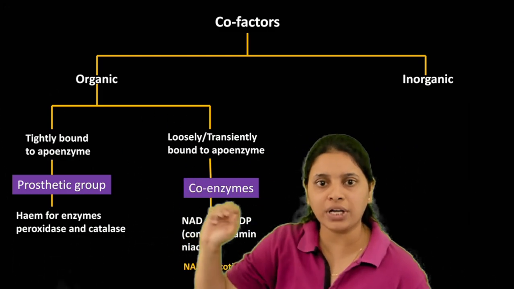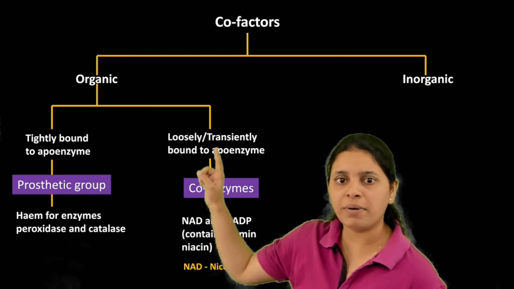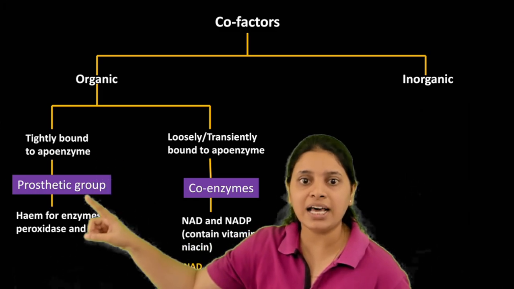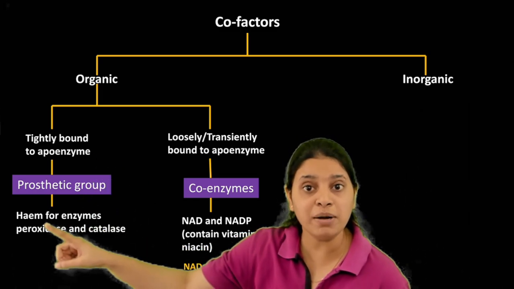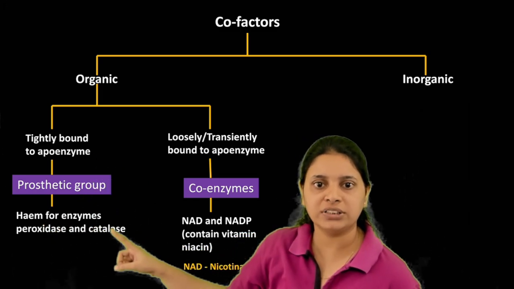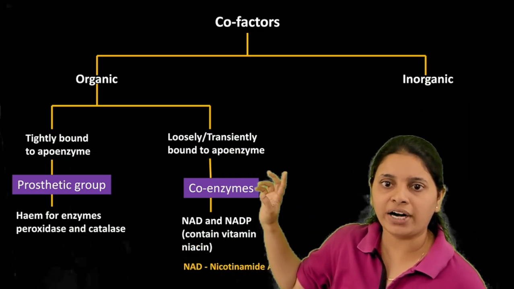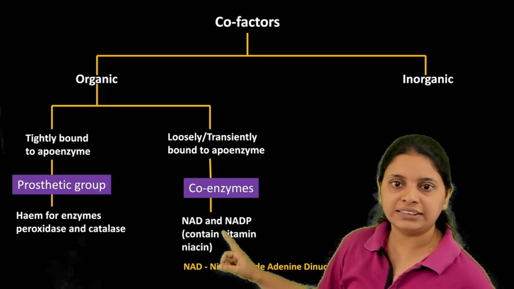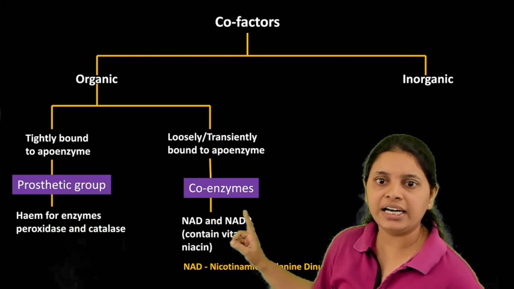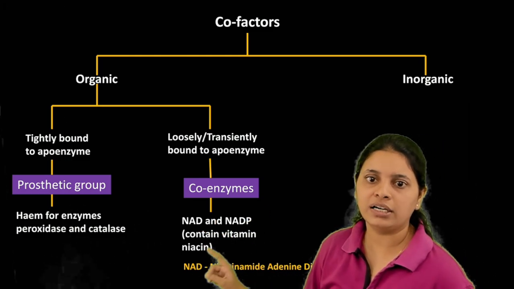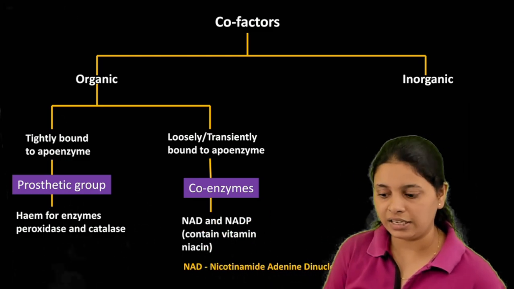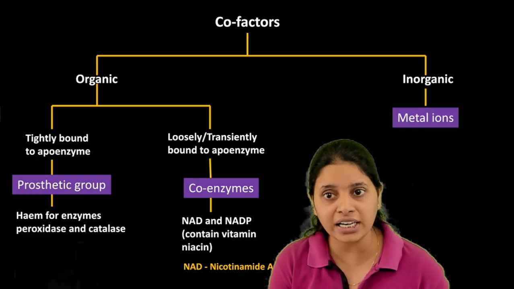Organic ones are of two types, tightly bound and loosely bound. Tightly bound ones are prosthetic group, like heme is the prosthetic group for peroxidase and catalase. Next, loosely or transiently bound cofactors are coenzymes, and examples of coenzymes are NAD and NADP, and both contain vitamin niacin.